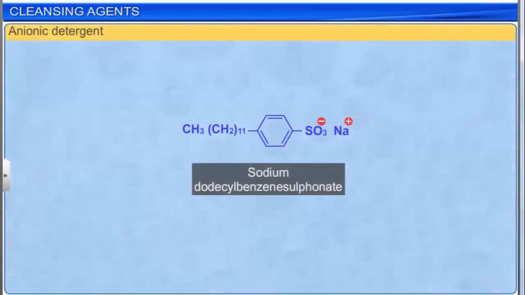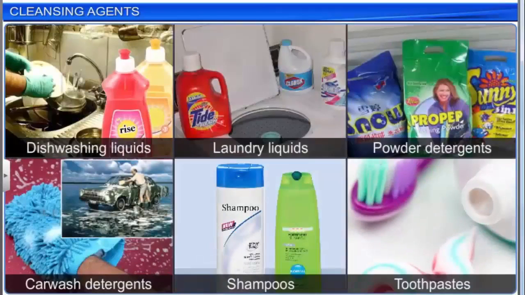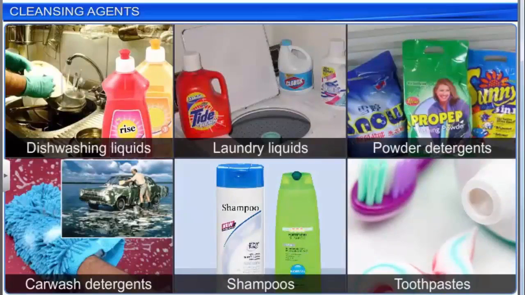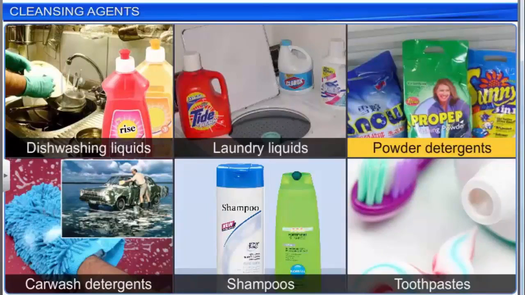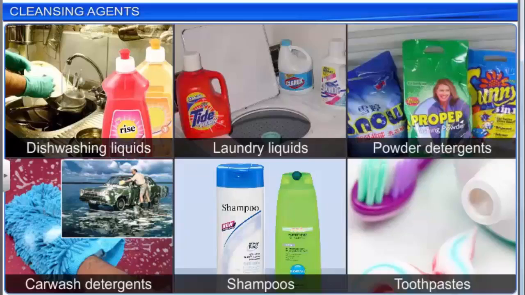In an anionic synthetic detergent, the anionic part of the molecule does the cleansing action. Anionic detergents are used extensively as dishwashing liquids, laundry liquids, and powder detergents, car wash detergents and shampoos, as well as in toothpastes.